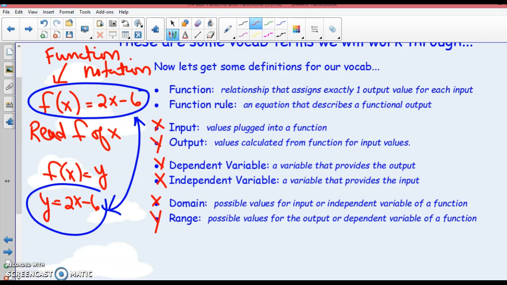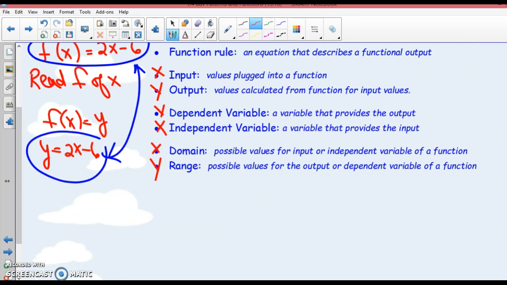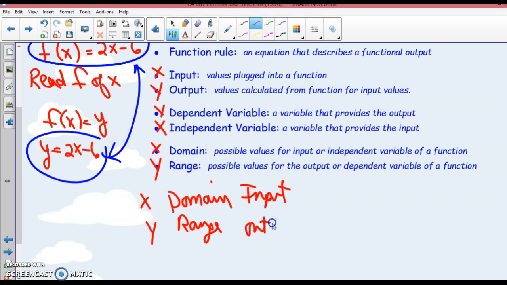Now, let me tell you something. Algebraically speaking, you are going to need to know this. Do you agree that X and Y, that's alphabetical order. X comes before Y. Doesn't domain come before range? Doesn't input come before output?